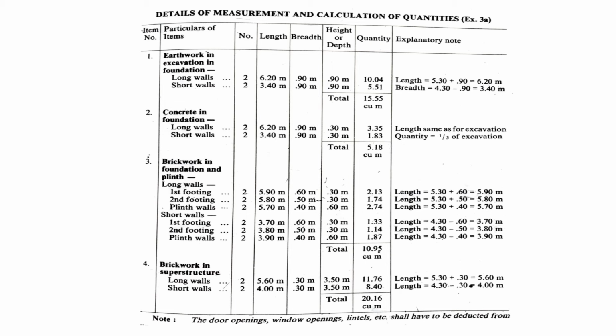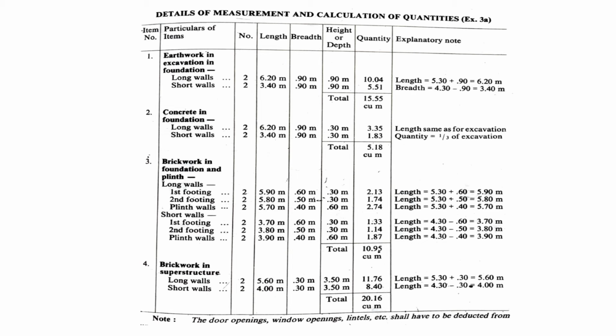Length is same as excavation, so that 6.2 meters, breadth 0.9 meters, thickness, that means height or depth. Below the ground level means depth, above the ground level is height. So that long wall quantity is 3.35 m cube.